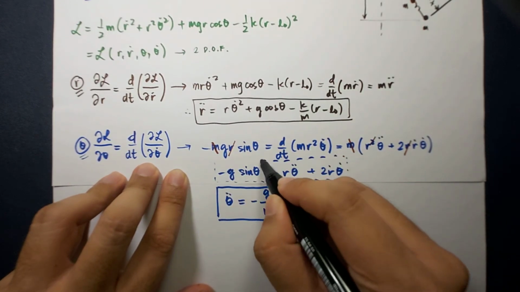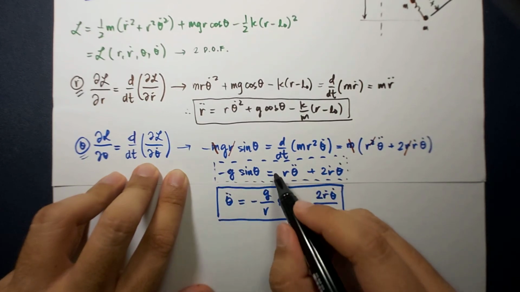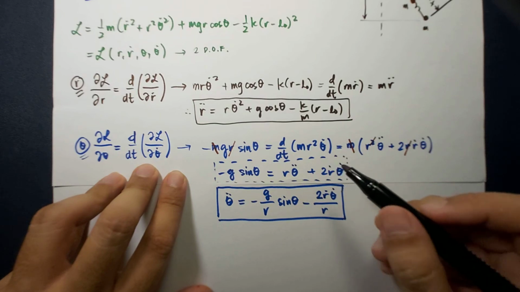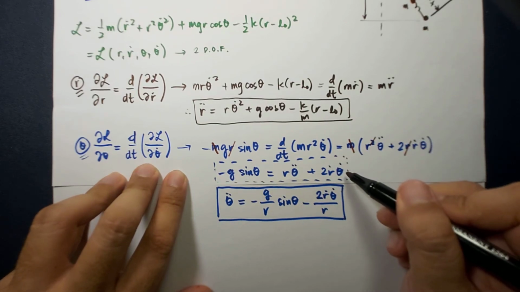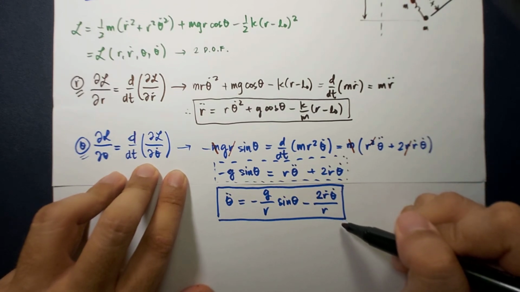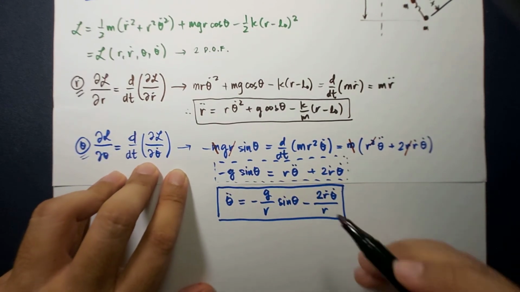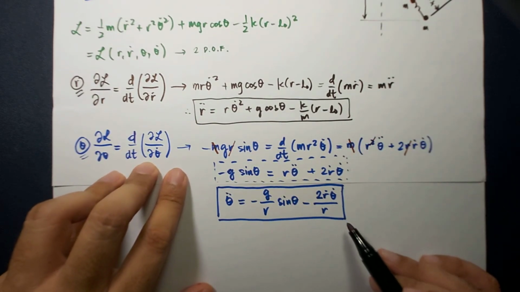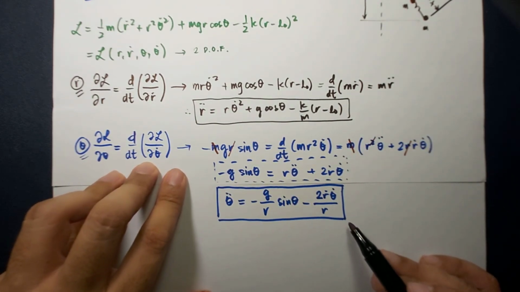This equation is actually the same as this equation. So I have no problem if you express your answers in this form or in this form. Okay, but I prefer this form. It's easier to see. Okay, so that's it. This is the equation of motion for an elastic pendulum.